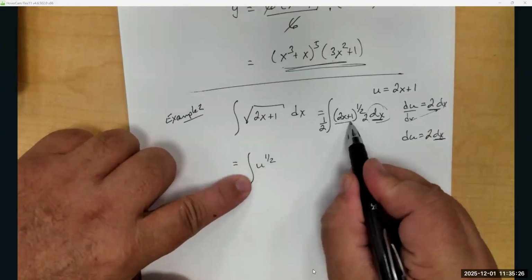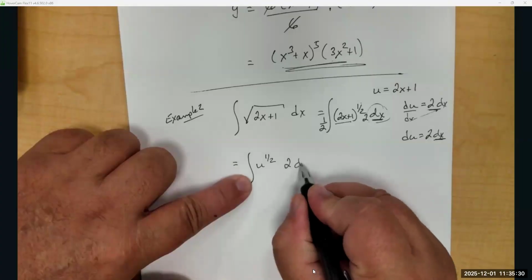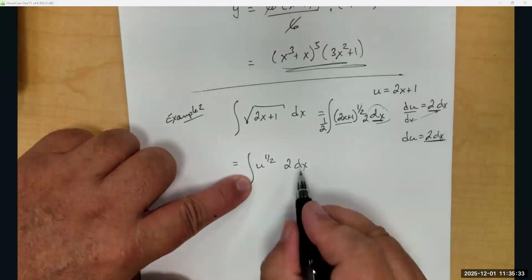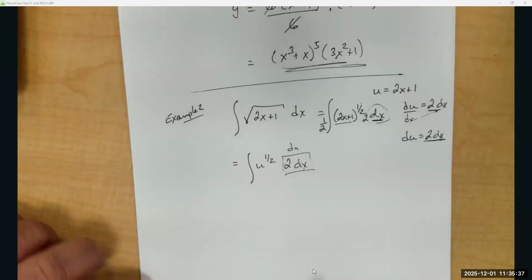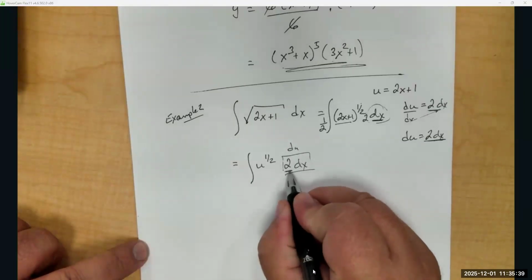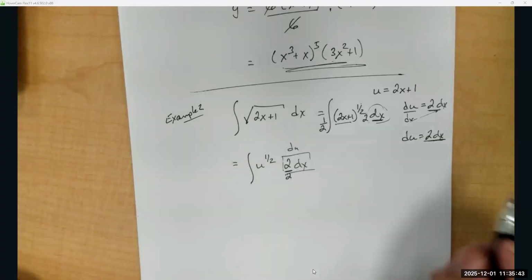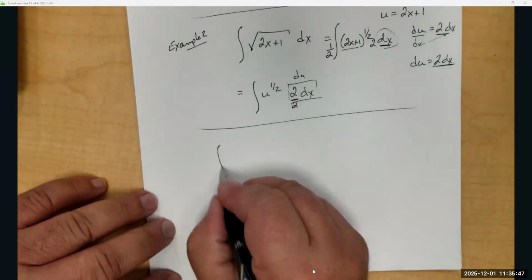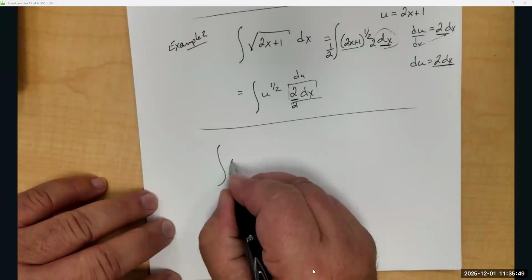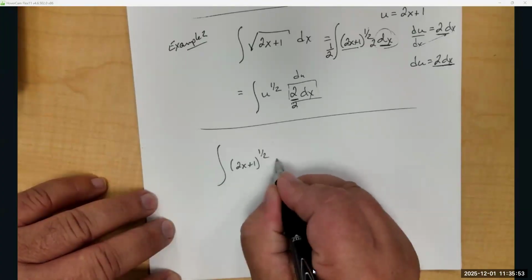So here we have u to the power 1/2. We need to have a 2 dx because this has to equal du. What is 2 over 2? So we have 2x plus 1 to the power 1/2 dx.